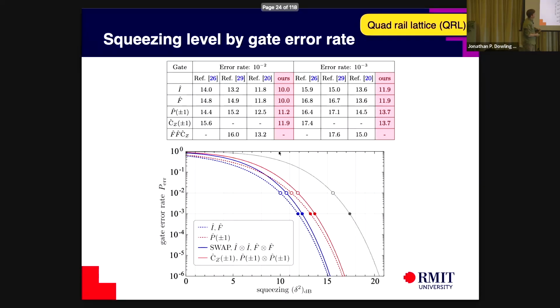That enables us to reduce the squeezing required in the cluster state in order to achieve a given error rate. So you want to do logical error correction on top of it: after you do the measurements and things like that, you do GKP error correction, and you need to do some logical error correction afterwards.